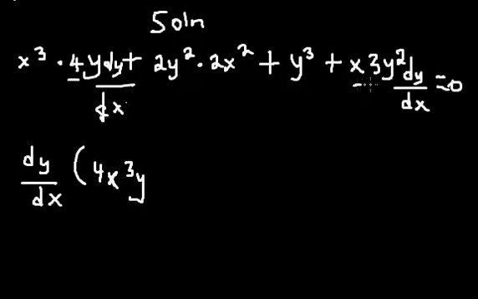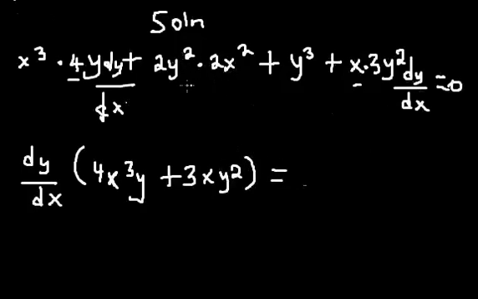Then for this one now I have 3y squared, 3 times x, so that's going to be plus 3xy squared, and I'll close it. Okay, I'm not done. It's equal to 0.